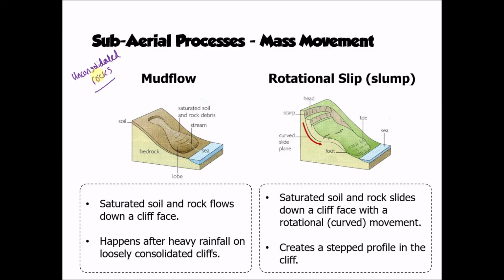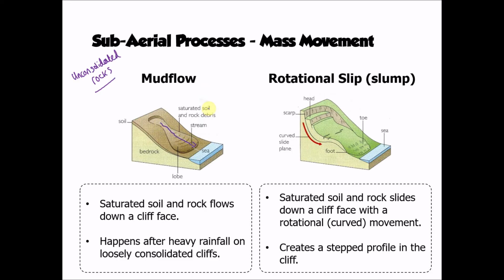So really the cliffs are nothing more than loosely held together soil and stones and gravel. When that material gets wet and becomes saturated, it can move down the cliff in one of two ways. It could move down in the form of a mud flow, so literally the water saturates the cliff, turns the soil into mud, and then that mud flows down the cliff face.